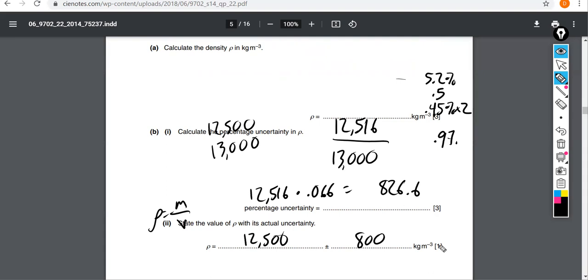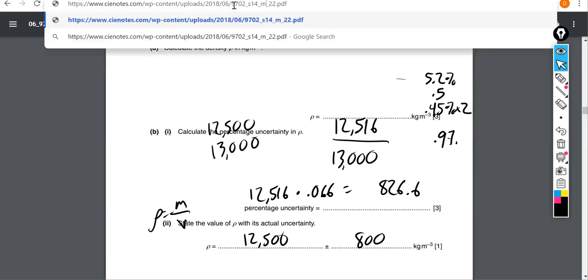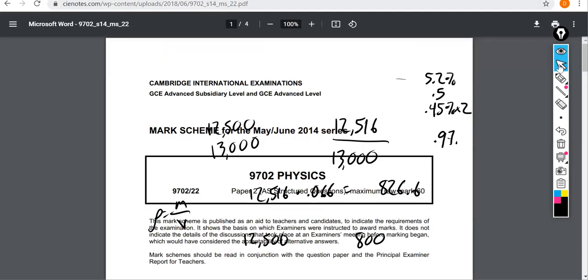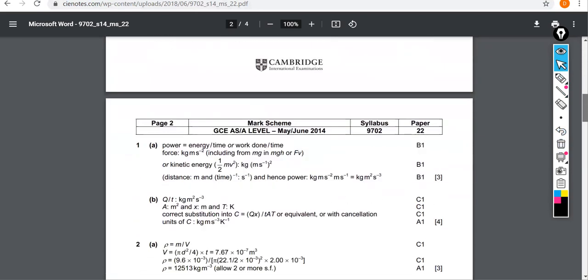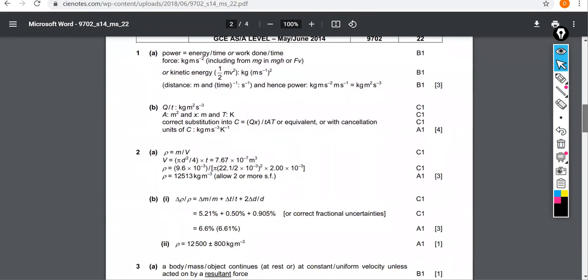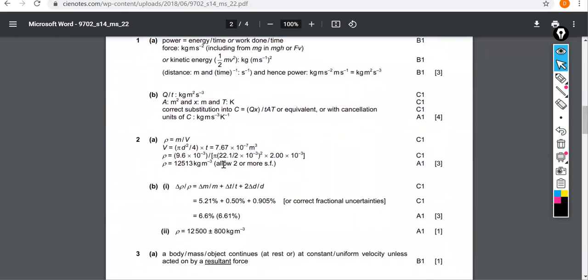Okay. Here's where we find out if this works this time, where we change question paper to mark scheme. That's what we like to see. Clear all that. And okay, so they would have allowed 2 or more significant figures.